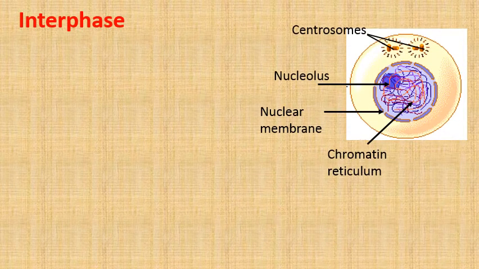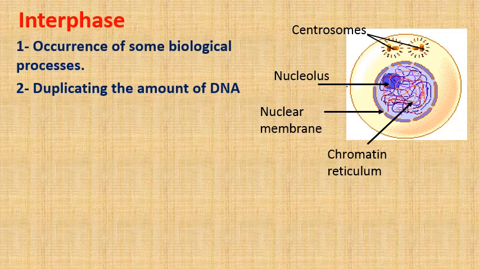We can see in this figure, the cell prepares itself during interphase before entering mitotic division, by which 2 processes happen. Number 1, occurrence of some biological processes. And number 2, and this is very important, duplicating the amount of DNA.